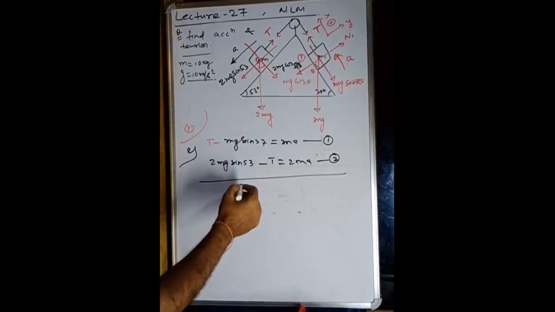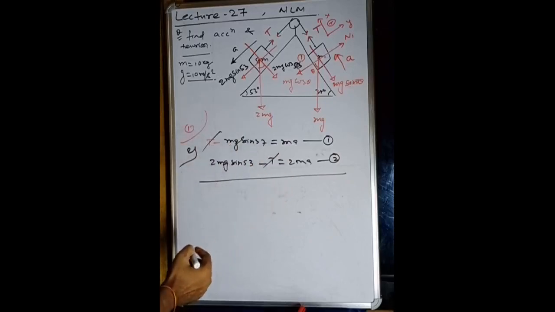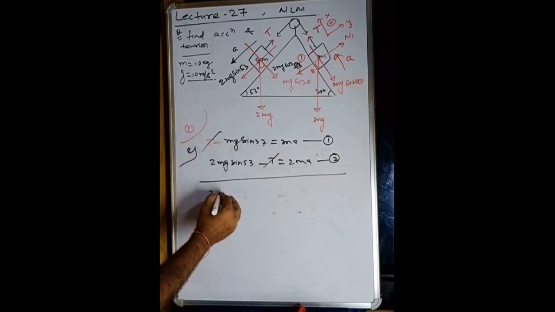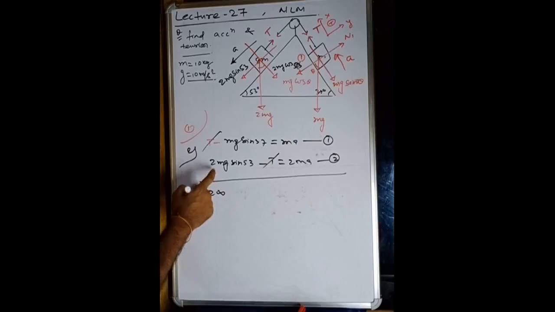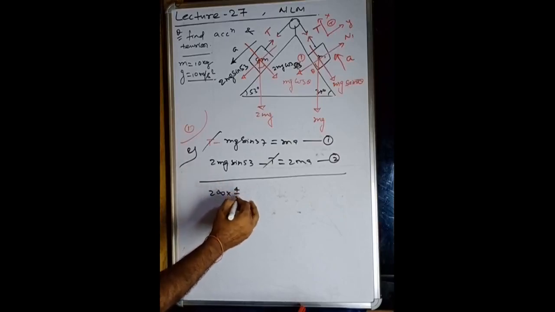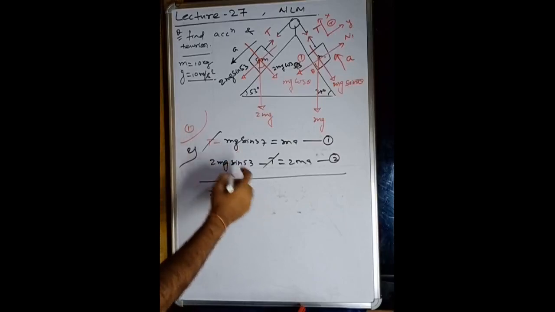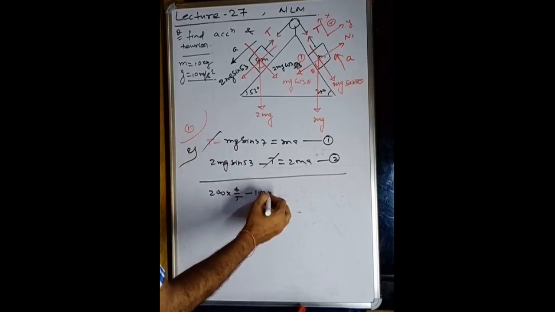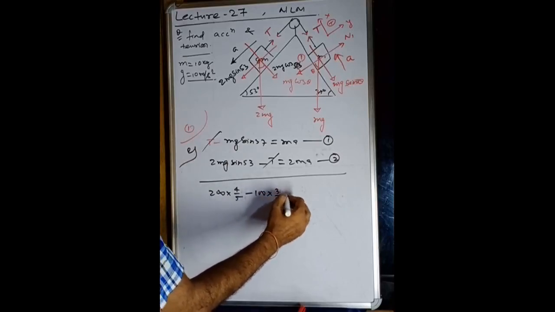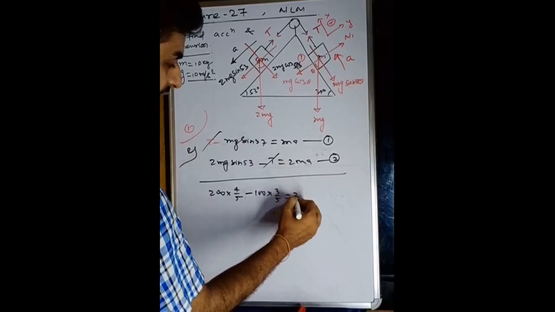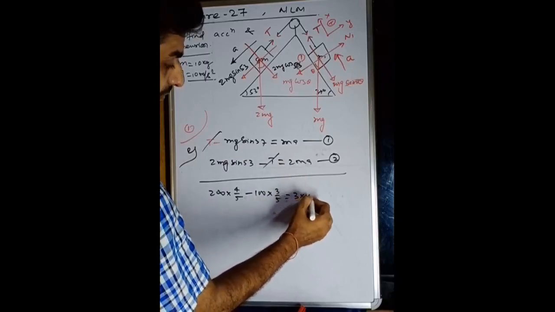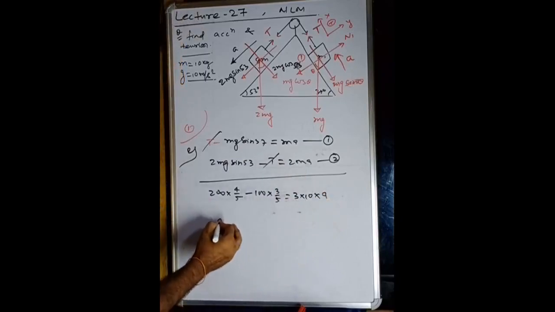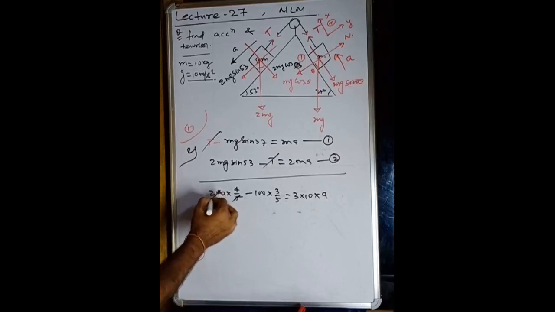Add equation 1 and 2, and this T will be cancelled out. So 2mg, it is 200 sin 53, 4 by 5, minus mg, 100 sin 37, 3 by 5, equals 3ma. So the value of a you will get here.